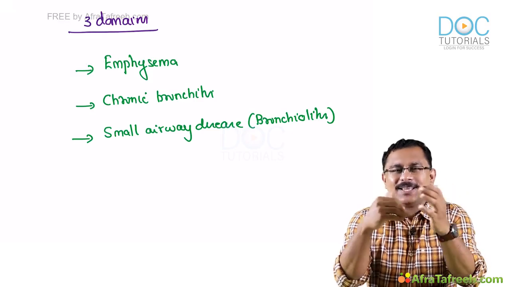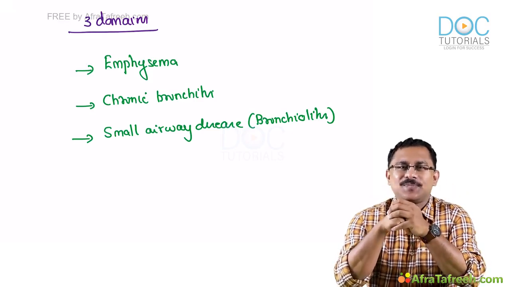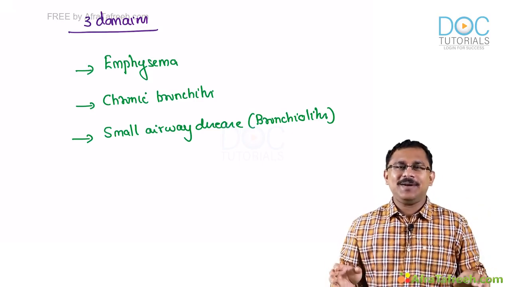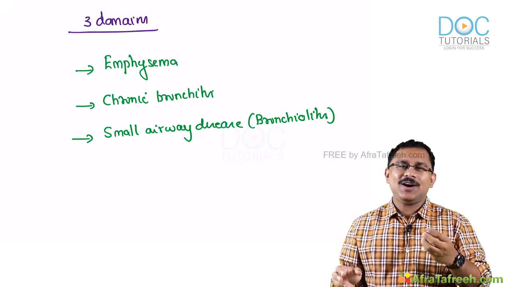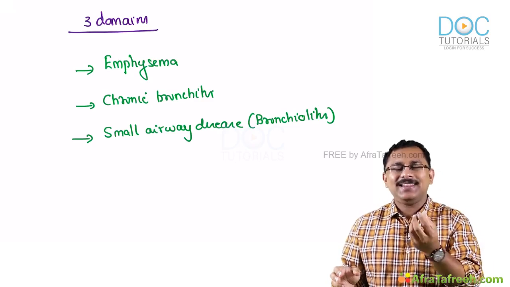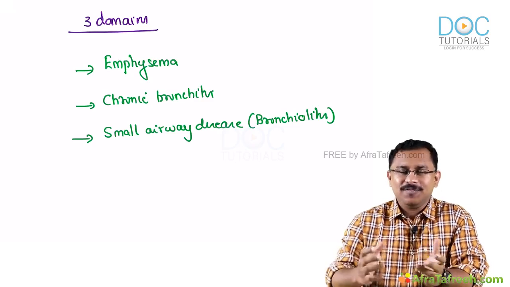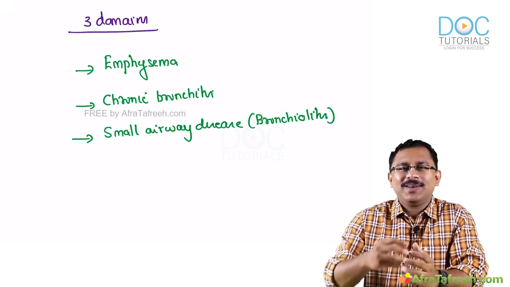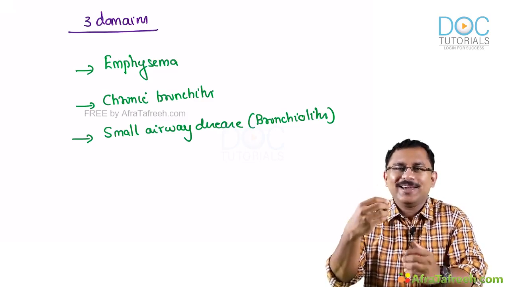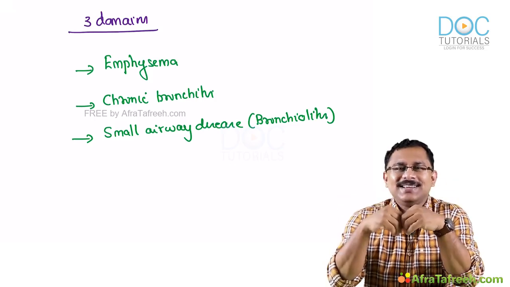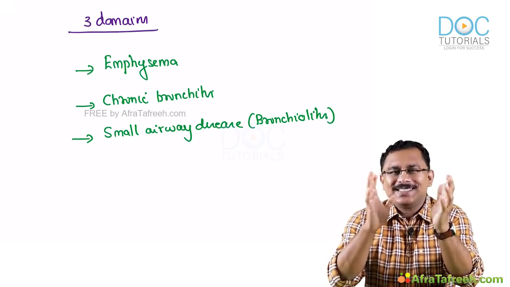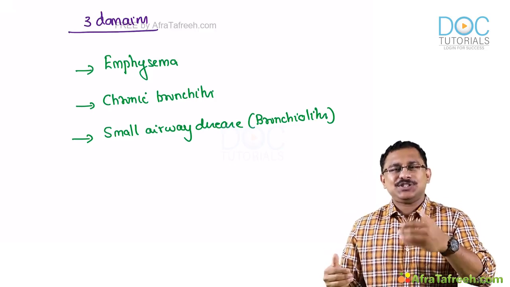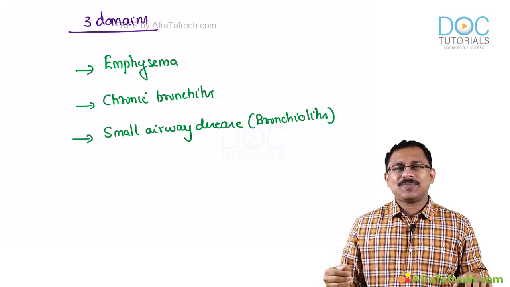In case of emphysema, it is predominantly your respiratory bronchiole and the alveolus that is involved, whereas in case of chronic bronchitis, you have predominant involvement of your bronchi. So the site of involvement is slightly different. And in case of small airway disease also, you get bronchiolitis.